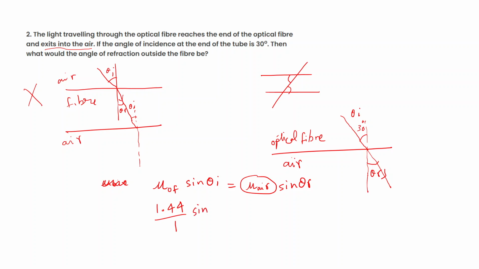Now sine of incidence angle, which is 30 degree, from this we will calculate the angle of refraction. So this will be sine 30, sine 30 is 0.5, 0.5 times 1.44 is 0.72.